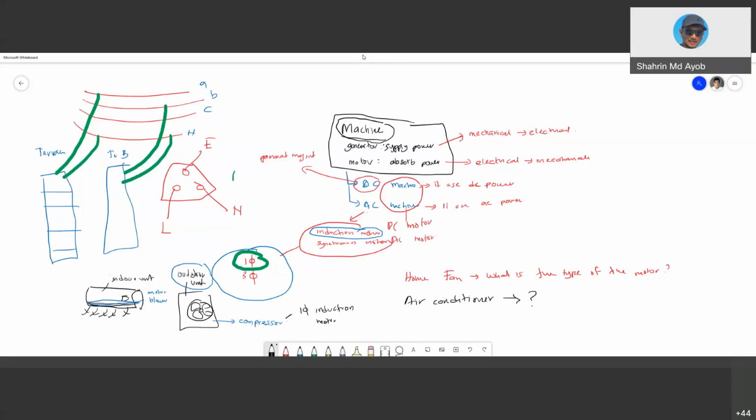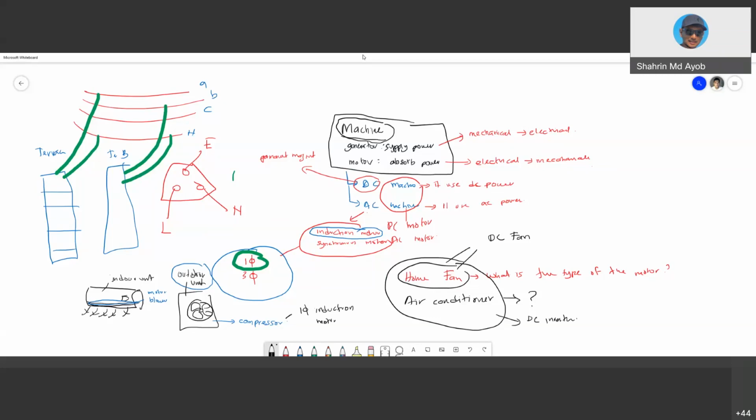But you will have heard about the fan and air conditioner, for example the home fan, being a DC fan, and for the air conditioner, maybe you heard about DC inverter. So it's quite confusing.